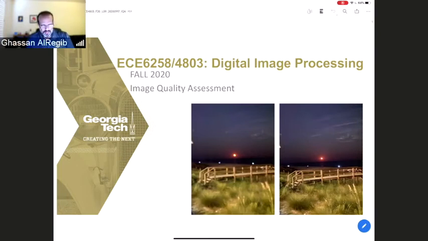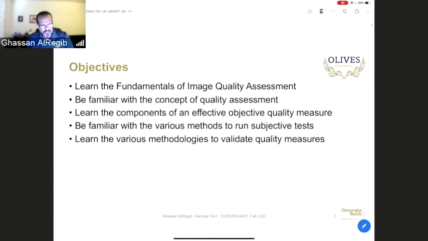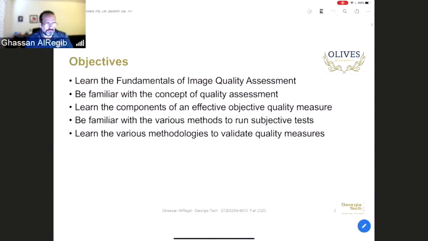So what I'm hoping between today and next lecture is to at least go through some of the fundamentals in image quality assessment, what that topic means, what are the different things that we have to focus on whenever we talk about image quality assessment, and then the overall concept of quality in images.